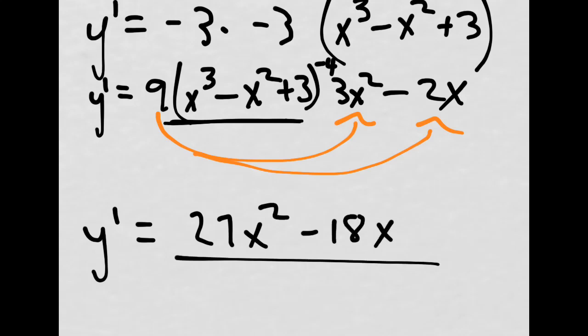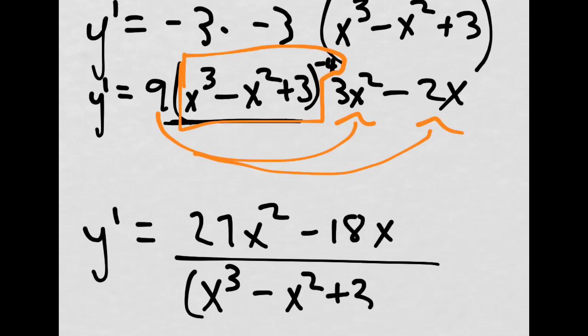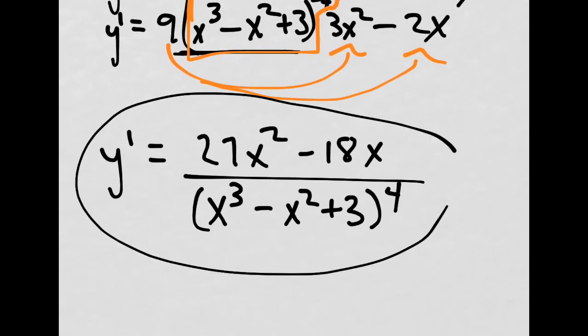Then this whole thing is to the what? So I could move it to the bottom. So that's more than likely what your answer choice is going to look like.